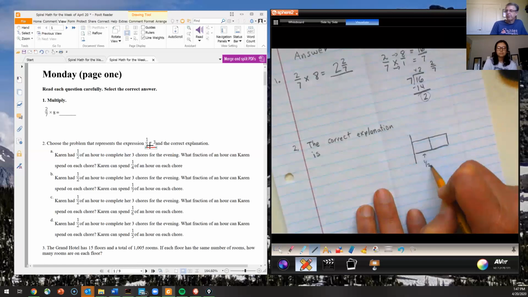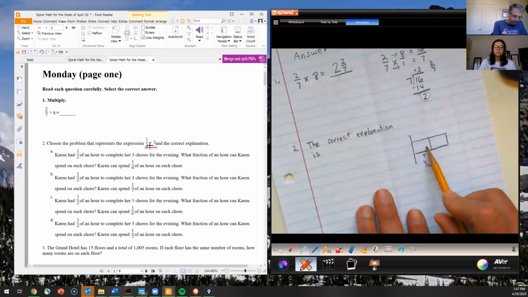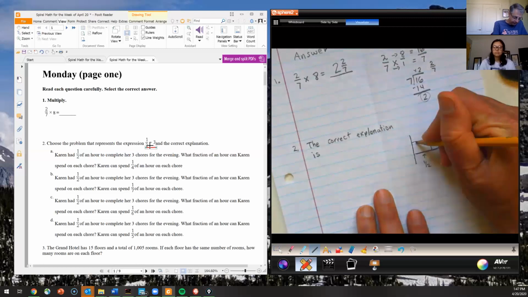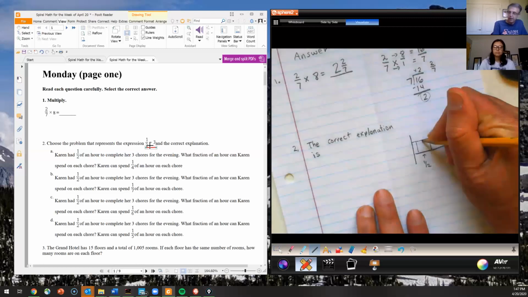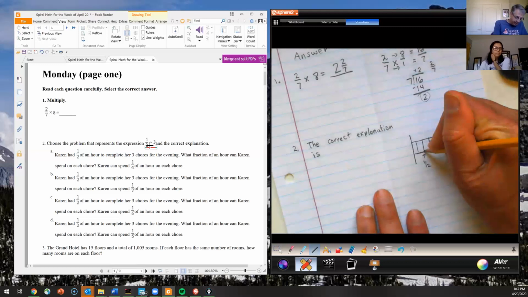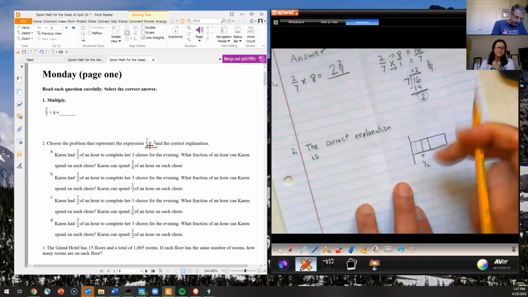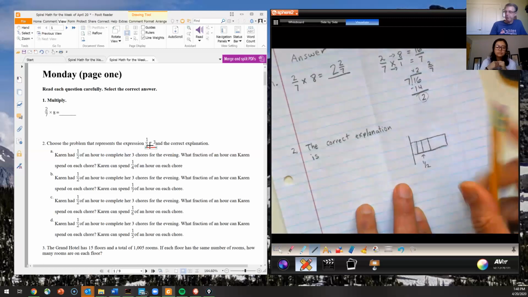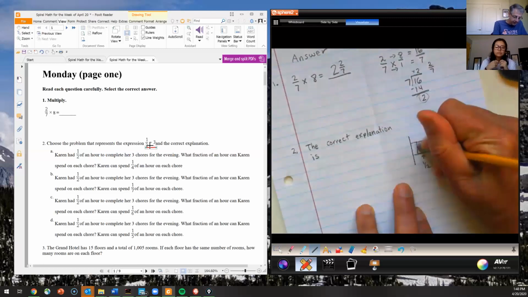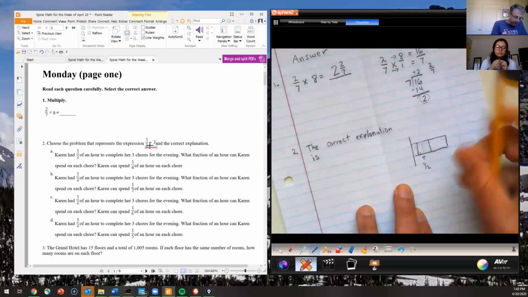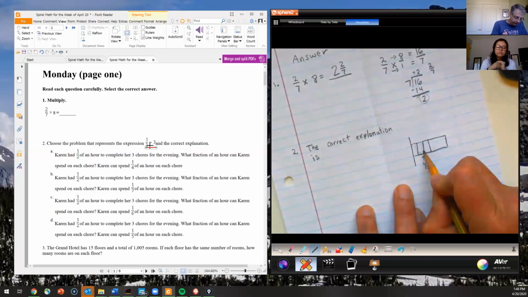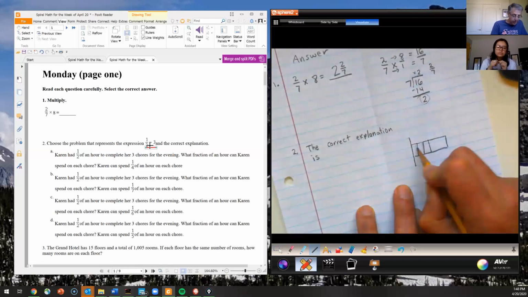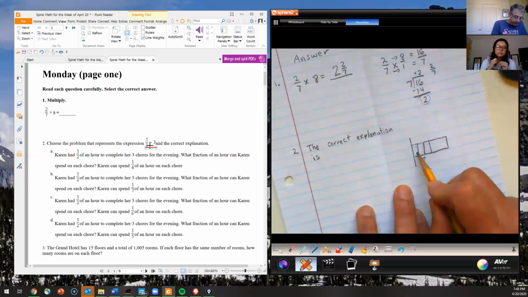So it's 1/2 of something, and then we're going to divide it into 3 parts. I didn't do a very good job of making my 3 parts equal, but you really want to try your best to show that these are equal size, equal value. Each one of these is not 1/3, sorry, but 3 parts. So we have 3 parts here.